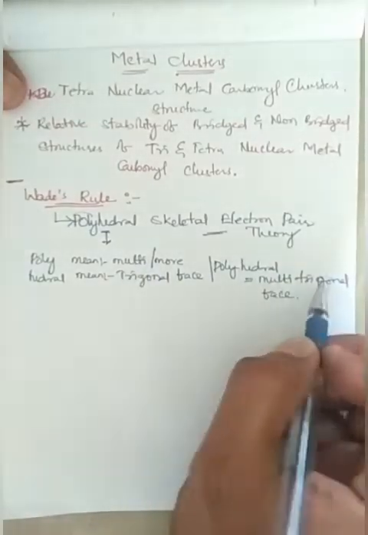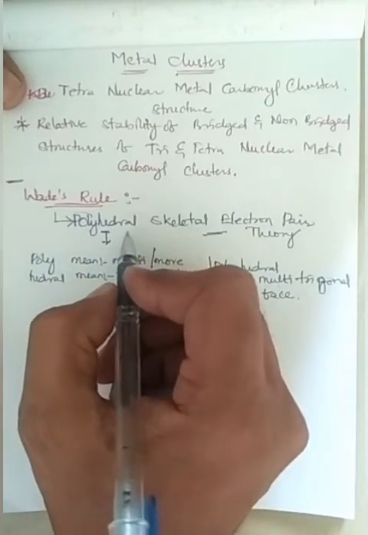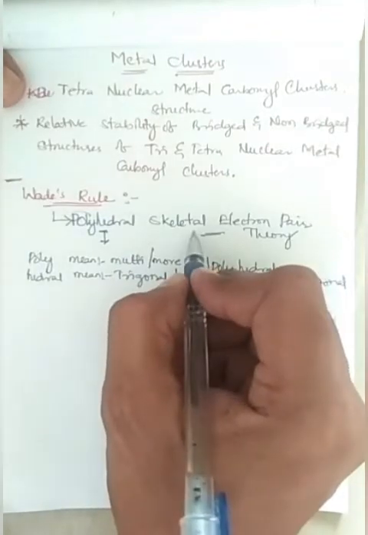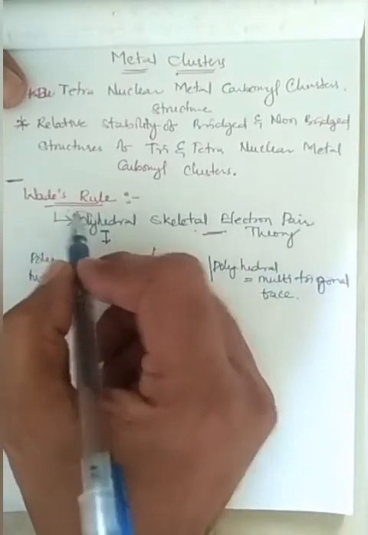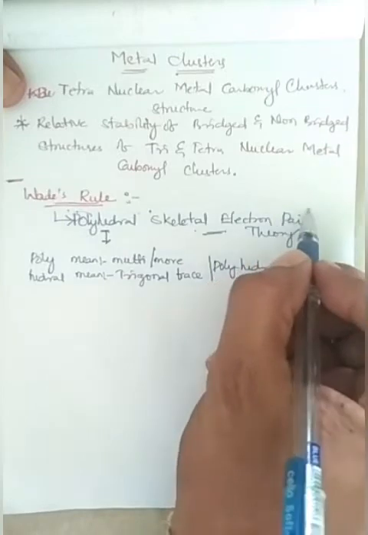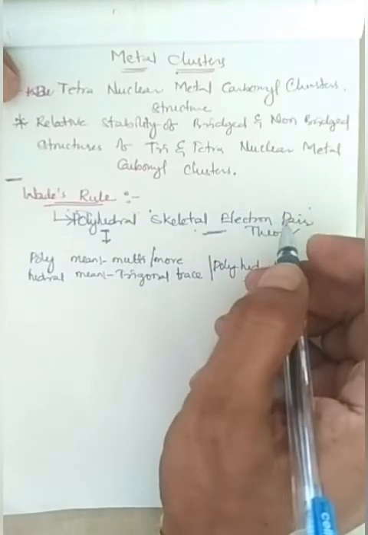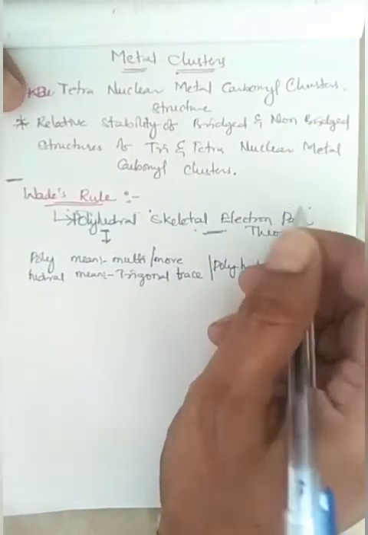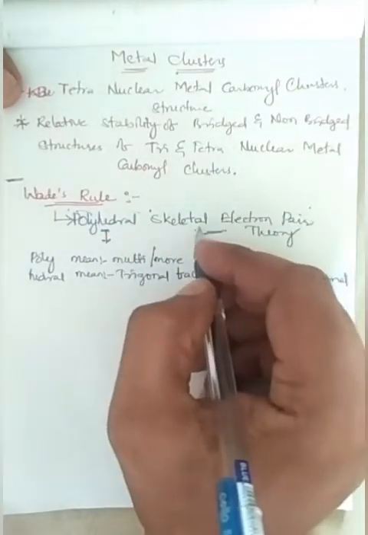Thus polytrigonal face we term as polyhedral, and thus polyhedral skeletal electron pair theory is nothing but the polyhedron we will have in the high nuclear metal carbonyl clusters being defined with respect to skeletal electrons, right? So here you know what is meant by skeleton. The core structure defining thing is called the skeleton, right?